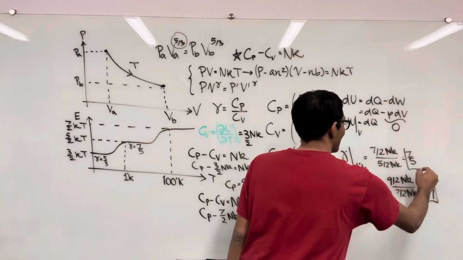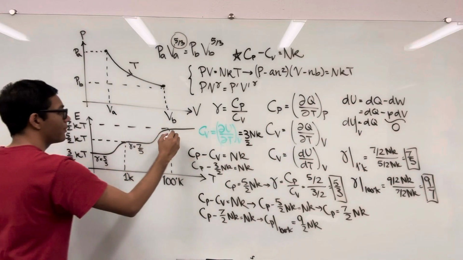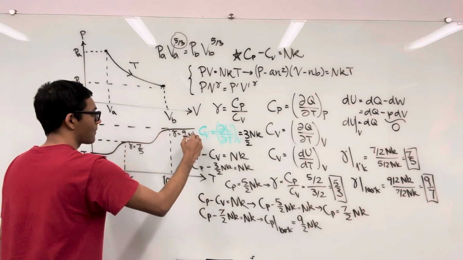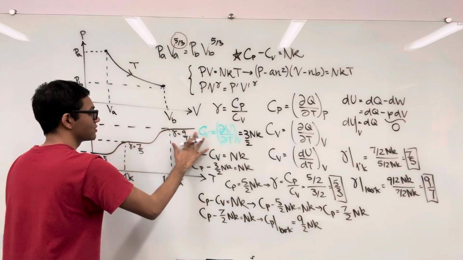So that means gamma for this ideal gas at about 100 degrees Kelvin is 9/7.